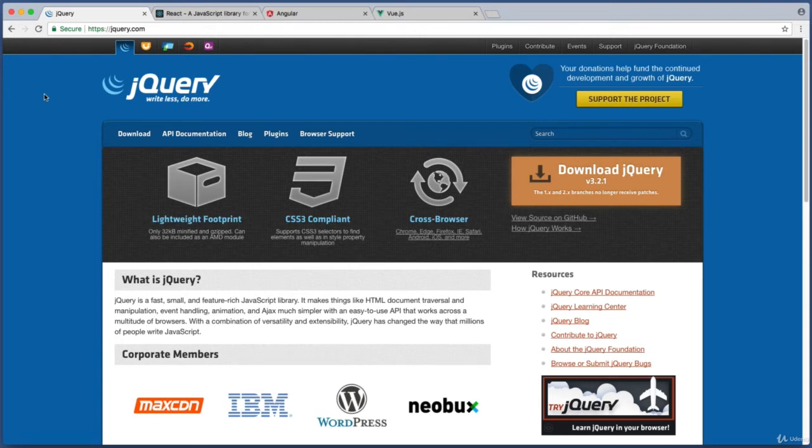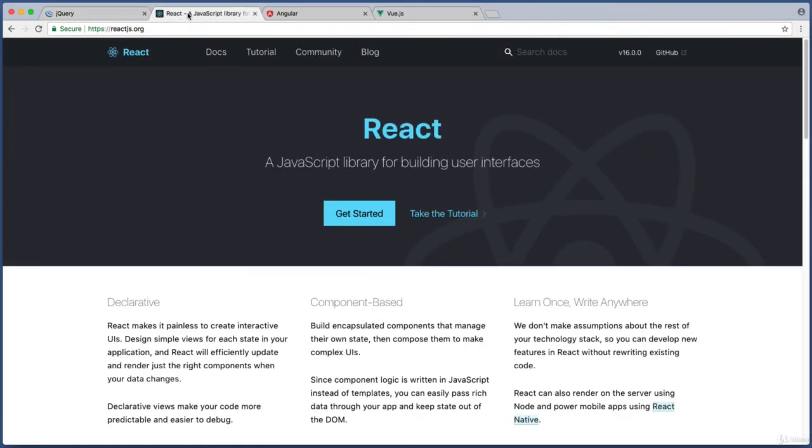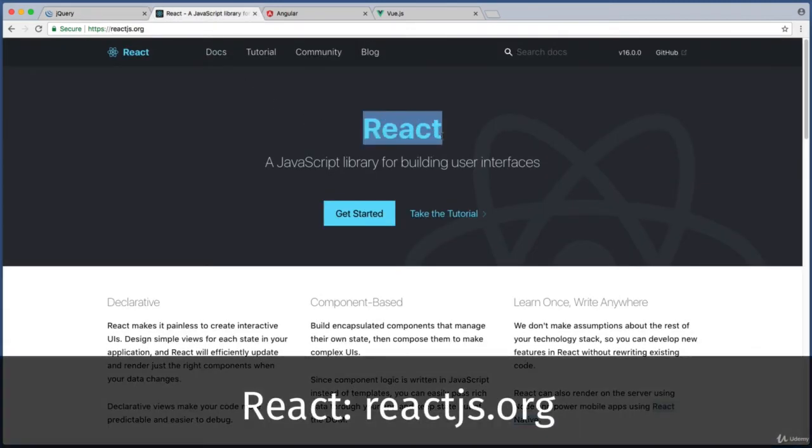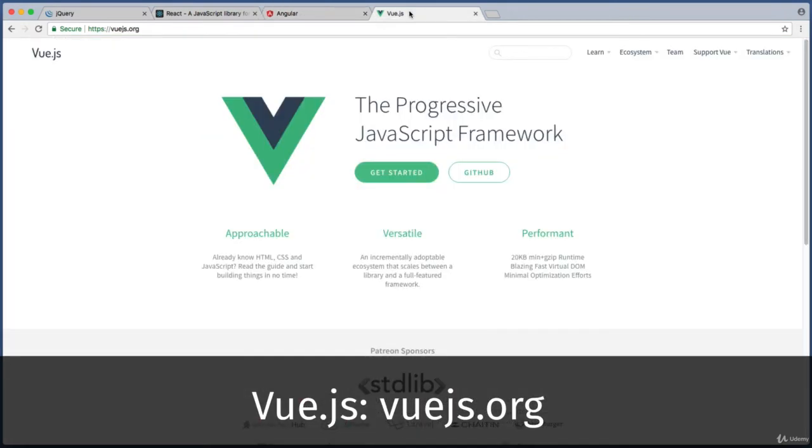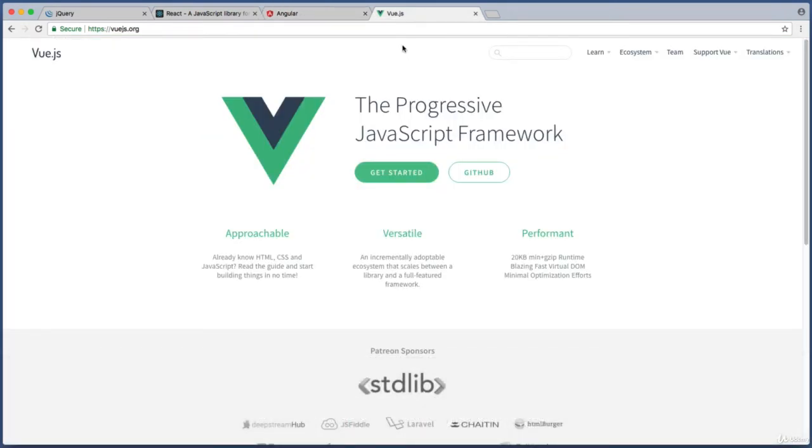And in this metaphor, there are really 3 shovels to choose from. The first is a library named React. The second is Angular. And the third is Vue. There are way more than just these 3, but almost everyone agrees these are the big, popular 3.